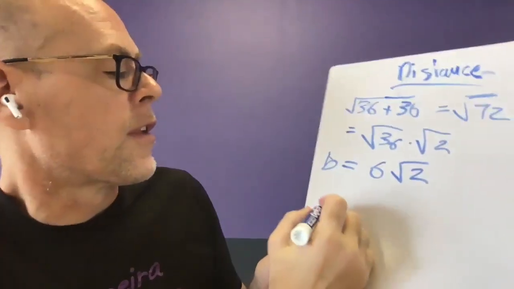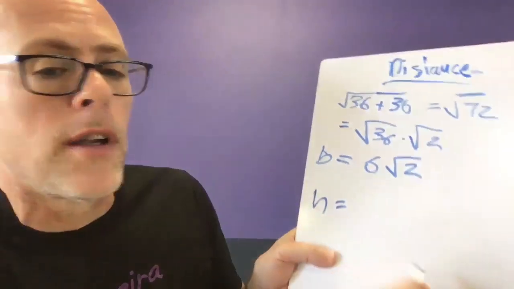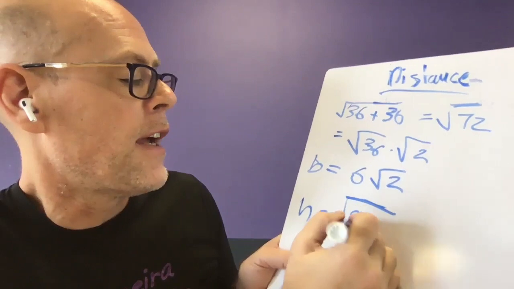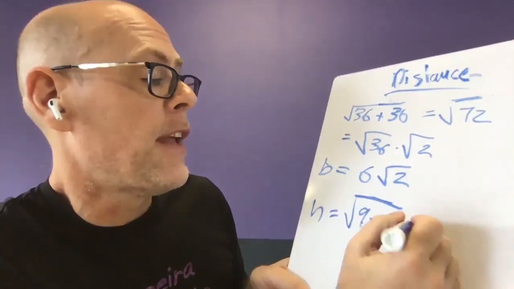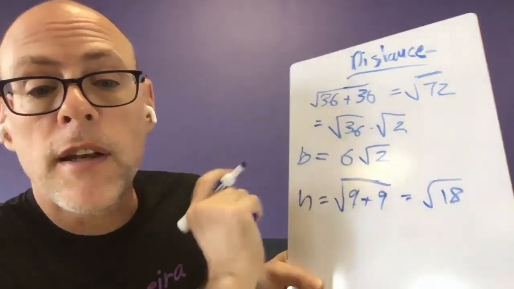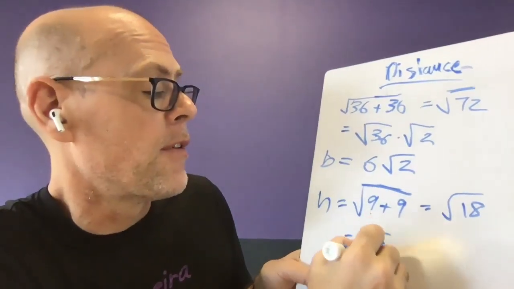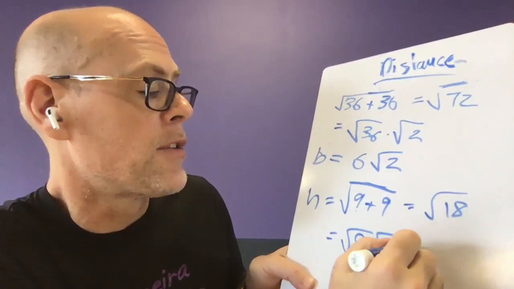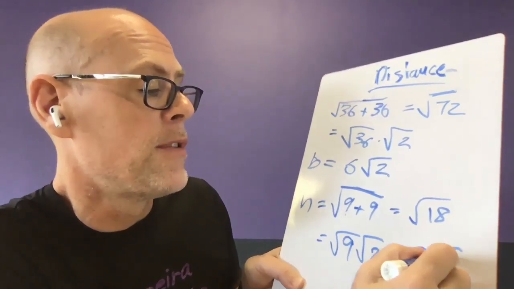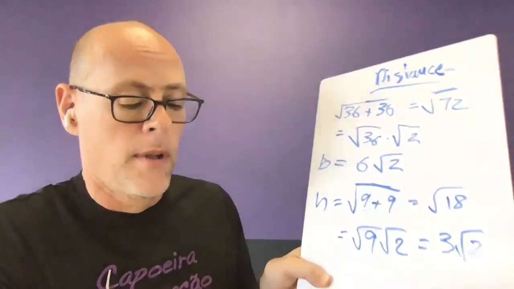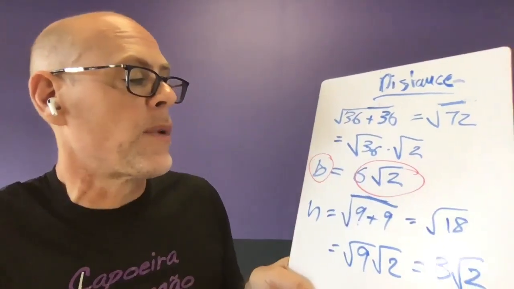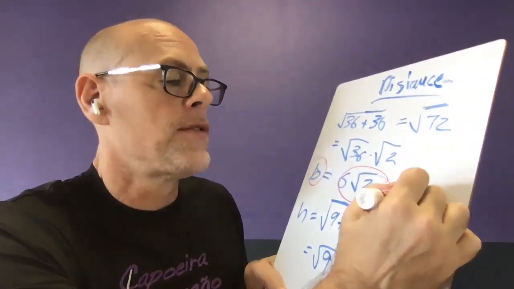So the height is going to equal the square root of 9 plus 9. That's going to equal the square root of 18. Can you simplify that now? That equals the square root of 9 times the square root of 2, which is simply 3 times the square root of 2.